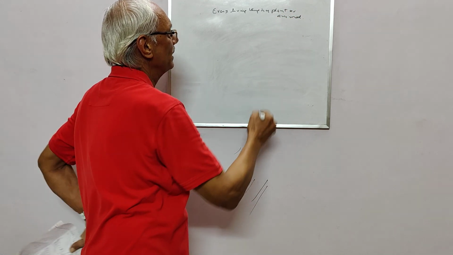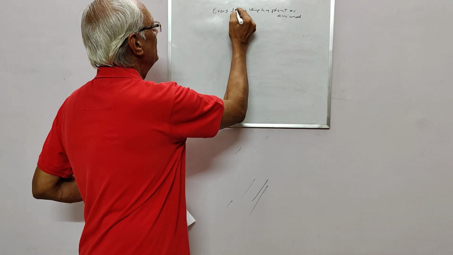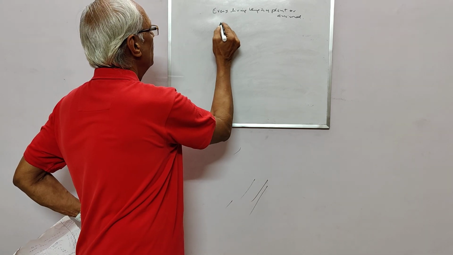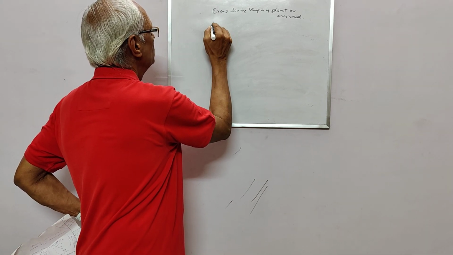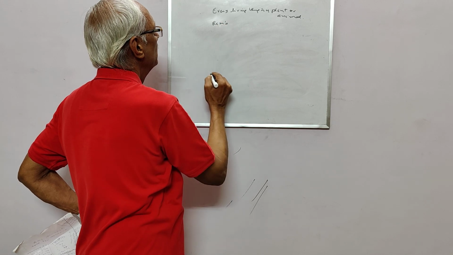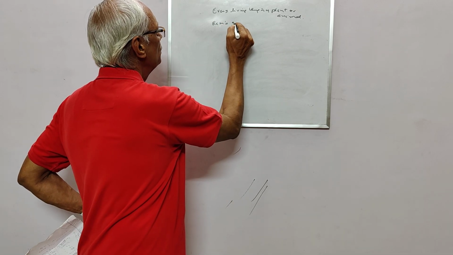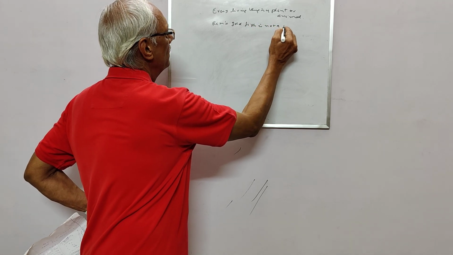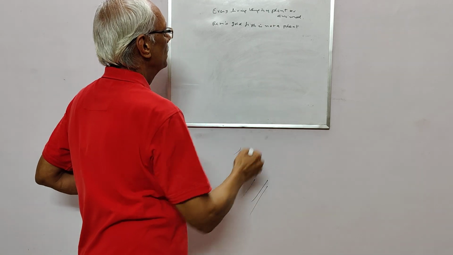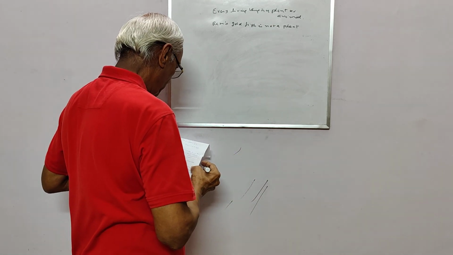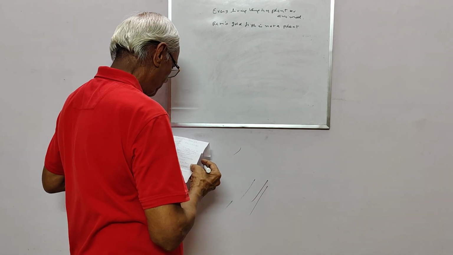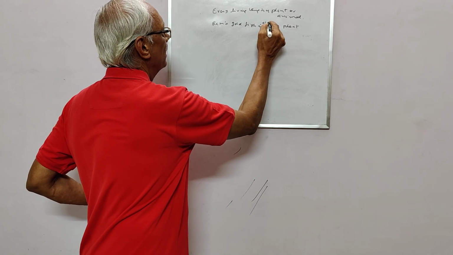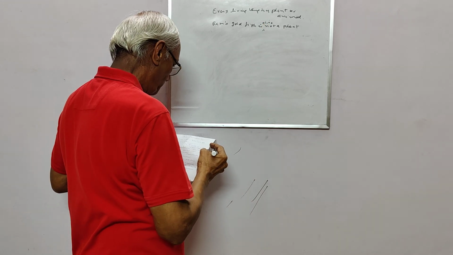This is what you are given. Every living thing is a plant or animal. Ram's goldfish is not a plant. Ram's goldfish is alive and not a plant.